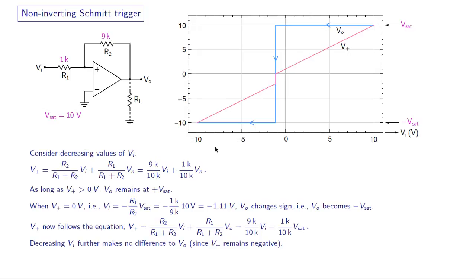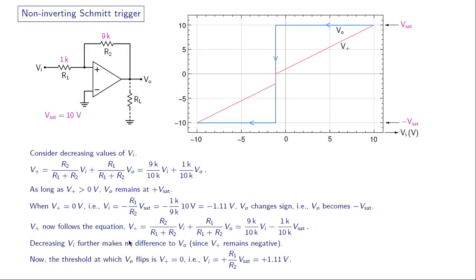Okay, now let us consider Vi increasing. So we go in that direction now, and V plus will also increase, and at some point V plus will cross 0, and that is where Vo will flip from minus Vsat to plus Vsat. And what is Vi at that time? So what is the threshold?